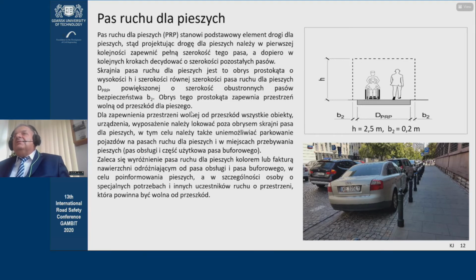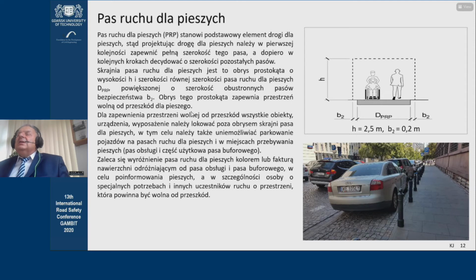The walkway, now that's the lane which is free of obstacles. The minimum width is 1.8 meters. And it may change. It may be wider or narrower, depending on the pedestrian traffic intensity.